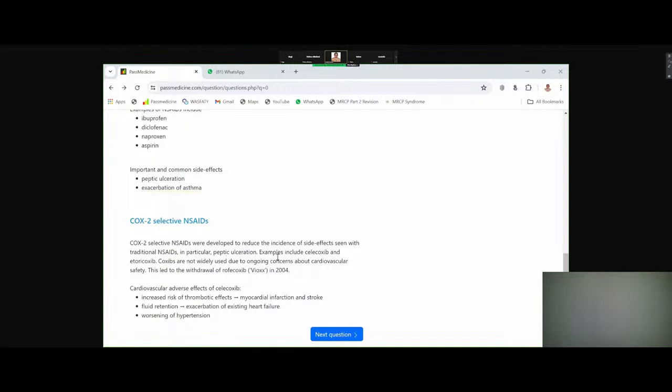Examples include celecoxib or etoricoxib. Coxibs are not widely used due to ongoing concerns about cardiovascular safety. So you have to remember that celecoxib and etoricoxib are good, but they have a problem with cardiovascular safety. This led to the withdrawal of rofecoxib in 2004.